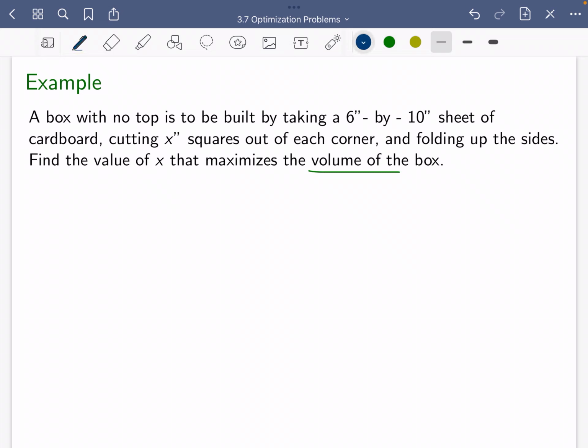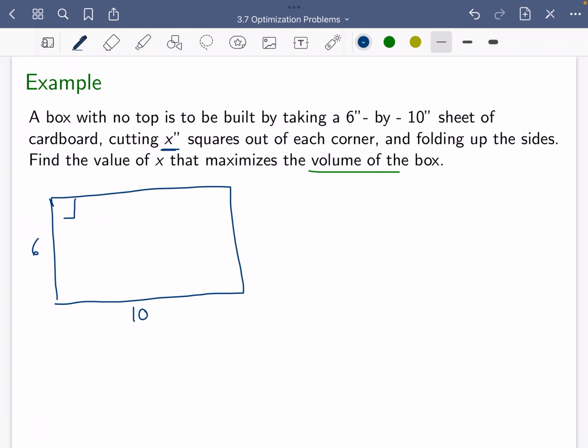So let's think about what's happening. We have this piece of cardboard. It is 6 by 10. We're going to cut out these squares from each corner. Those squares are x by x.